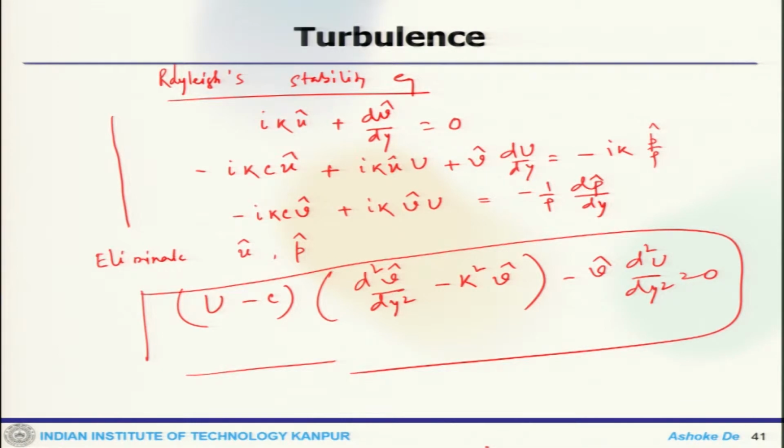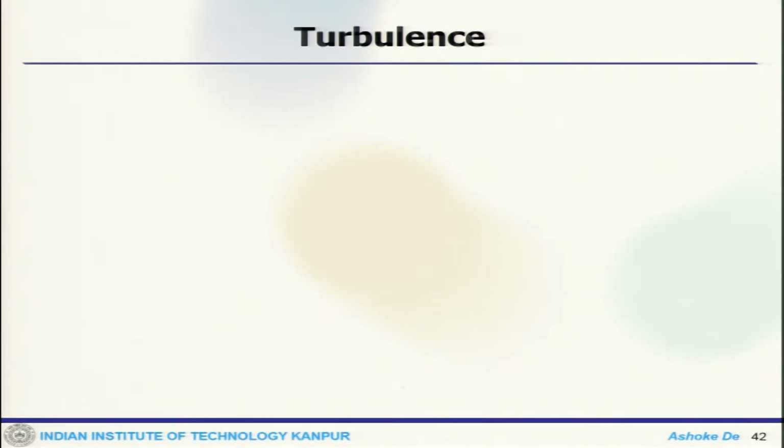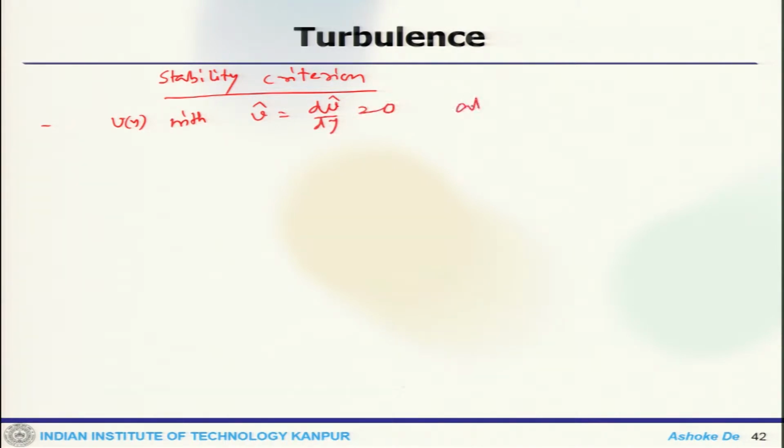So, now we can put the stability criterion. Let us consider the base flow U(y) with v hat equals dv hat by dy equals 0 at y1 and y2.